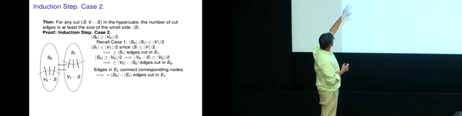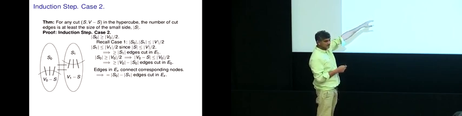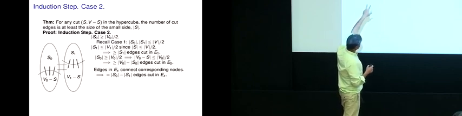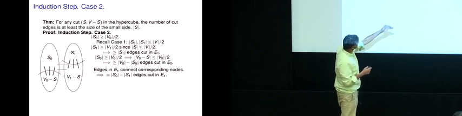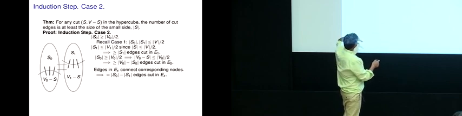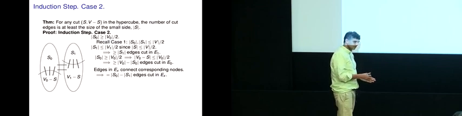So at least some of these S0 nodes must have a partner on the other side of the cut. And that's the amount. The number of nodes in S0 minus the number in S1 have no partners on the other side in S. So these edges don't go to S. They go to the other side. So we get to add them because they cross this cut.